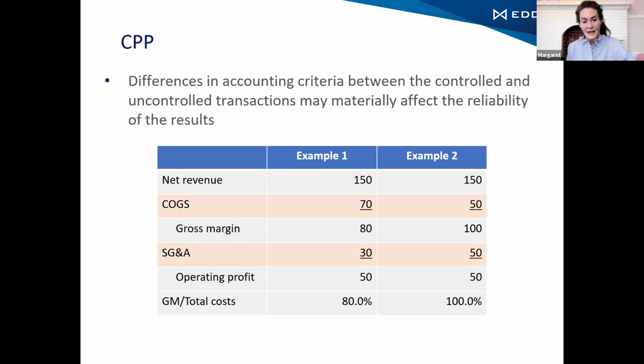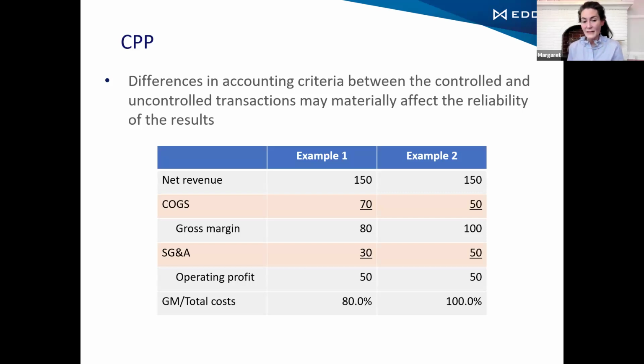In this case, the PLI is the gross margin divided by total cost, where before it was the gross margin divided by sales. So our numbers are the same, but our PLI, because the calculation is different, is different.